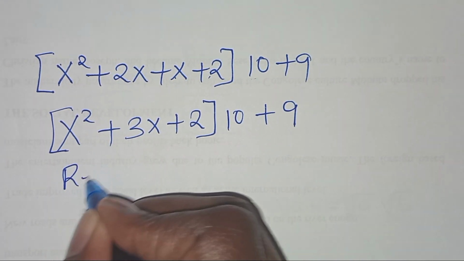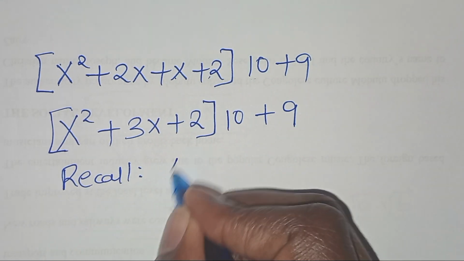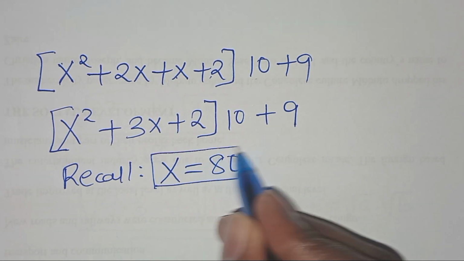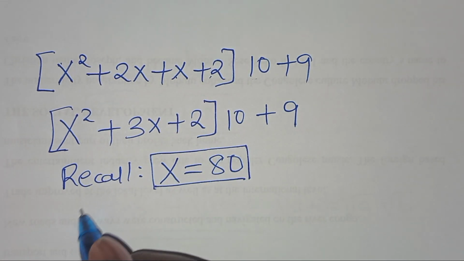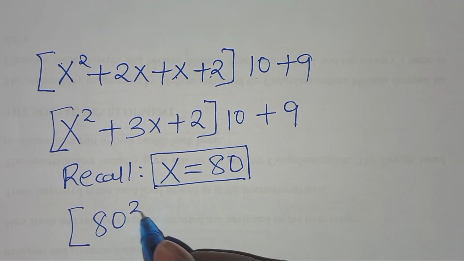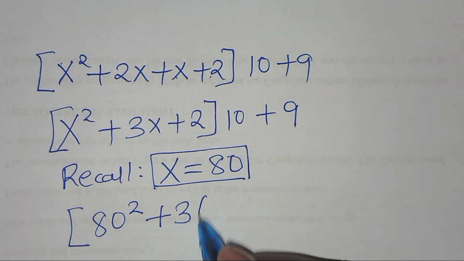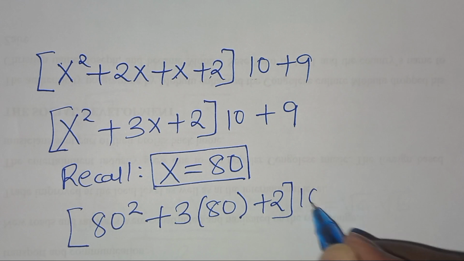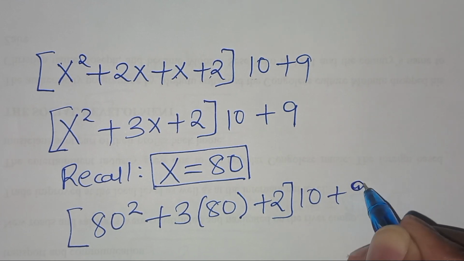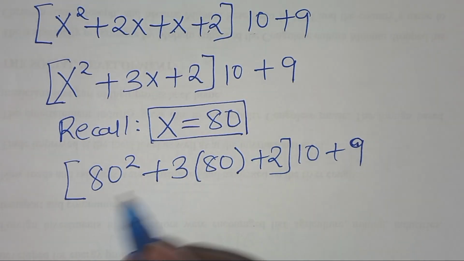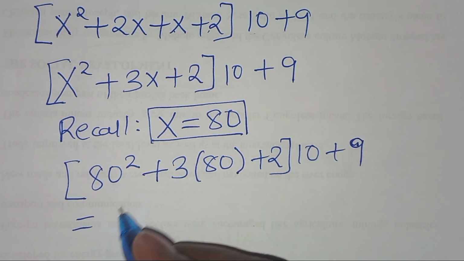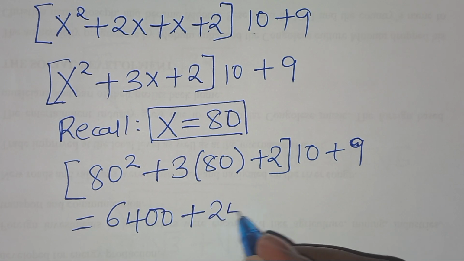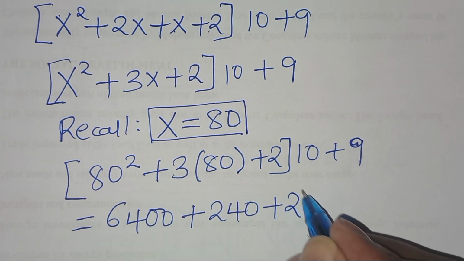Now, if you recall here, we're saying that let x be equal to 80. So let's substitute this value of x, which is 80, here. So this is the same thing as 80 squared plus 3 times 80 plus 2 multiplying by 10, then plus 9. So this is the same thing as 80 squared, this is 6400, then plus 80 times 3, this is 240, then plus 2.